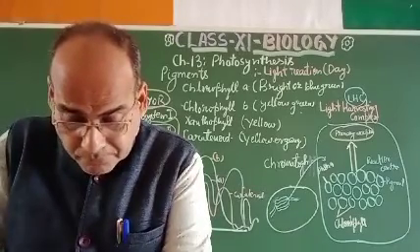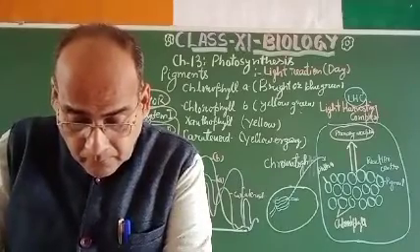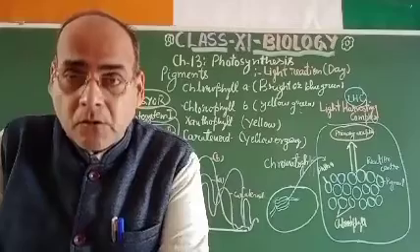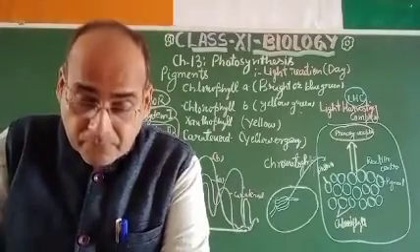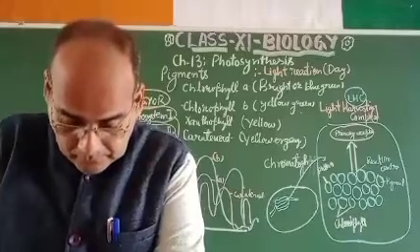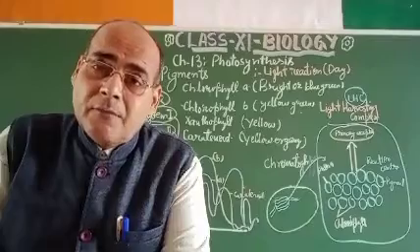Dear student, photosystem 1 and photosystem 2 are responsible for receiving the electrons, and from where are electrons coming?